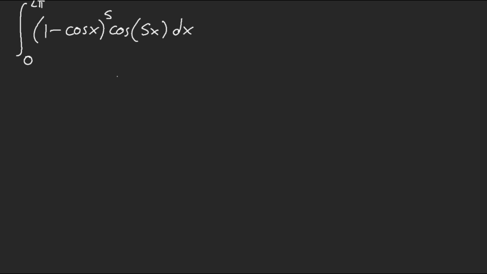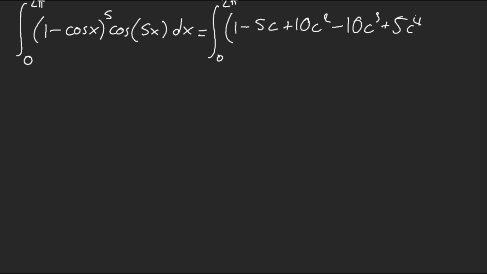Okay, so using Pascal's triangle, we know that this is going to come out like what, 1 minus 5c, 10c squared minus 10c cubed plus 5c to the 4th minus c to the 5th, something like that. And then of course we have times cosine of 5x here, whatever.